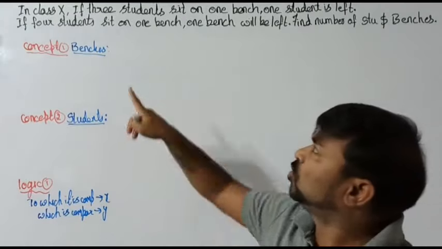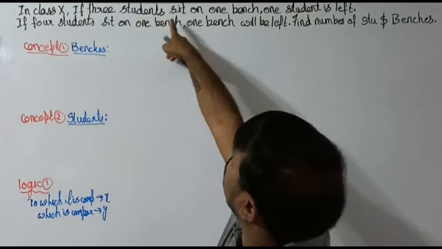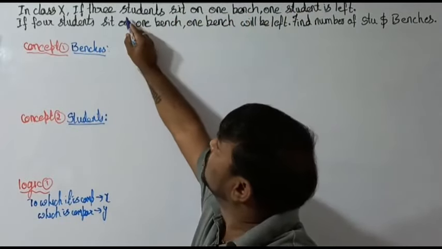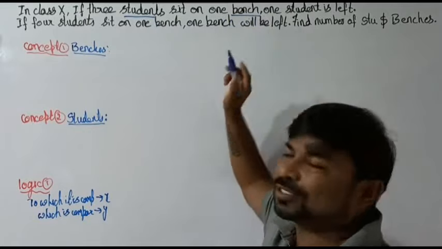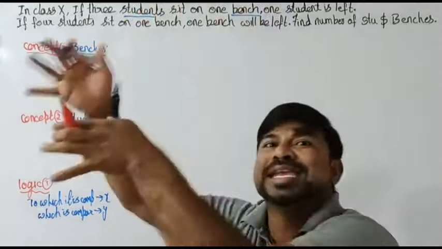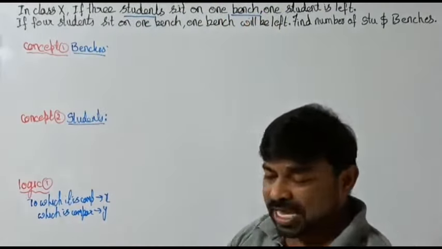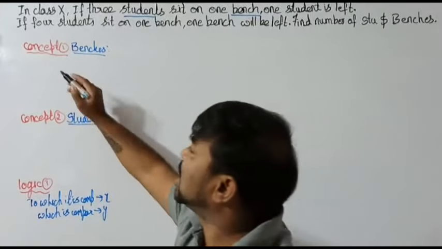Now, if you check, students are compared. If three students sit on one bench, students are compared to the benches here. As the second one is benches, I like to take benches as x.